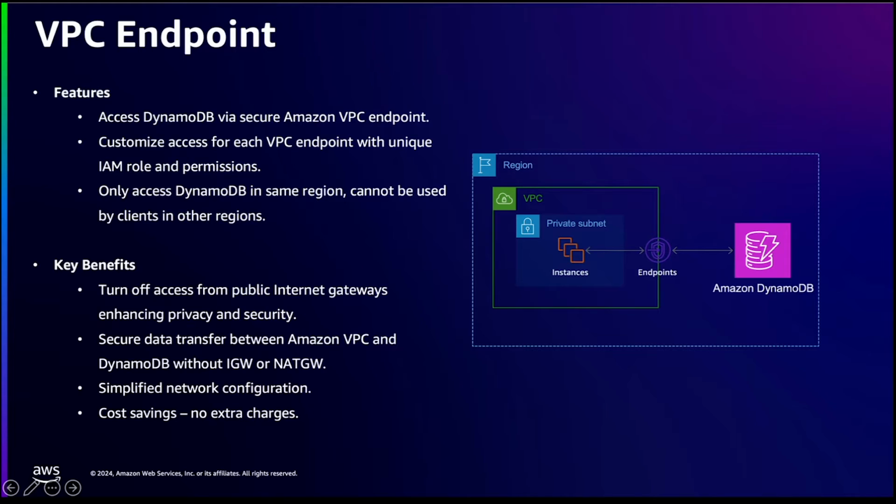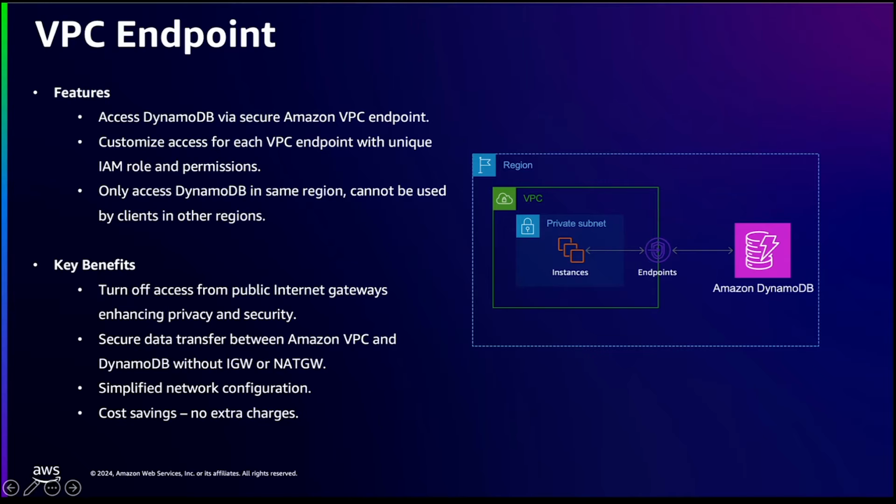With VPC endpoints, you can only access DynamoDB tables in the same region and they cannot be used by clients in other regions. The key benefit with a VPC endpoint is that you avoid sending your data across the public internet. You securely transfer information between Amazon VPC and DynamoDB without an internet gateway or NAT gateway, and it simplifies network configuration while saving a lot of cost.